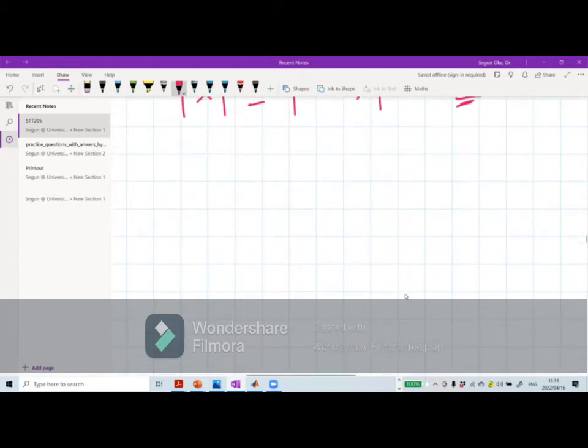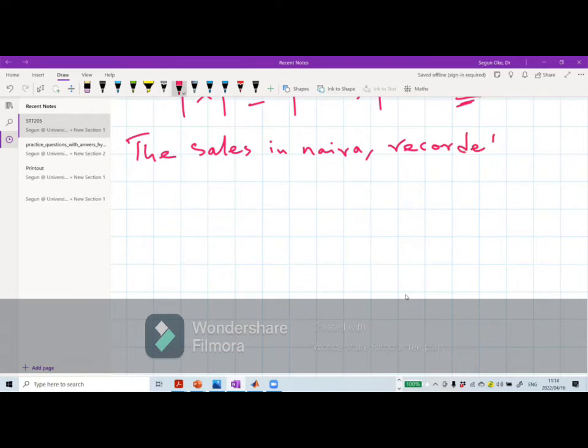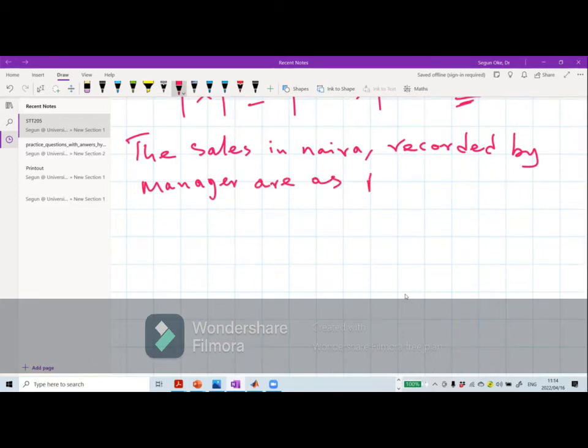Let's write this question down. The sales in Naira recorded by a manager are as follows.